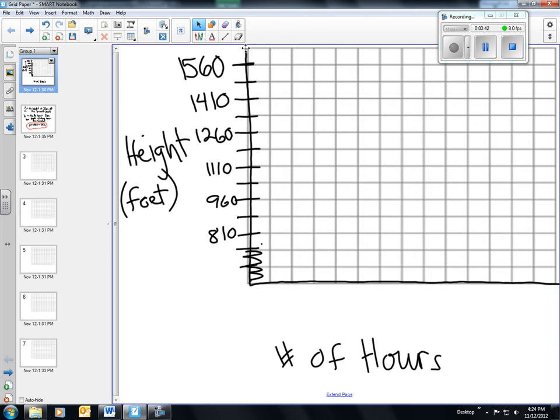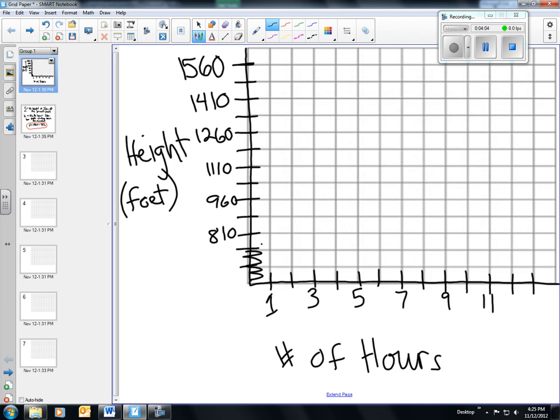And then since we're going down 75 feet on the vertical axis, that's for every hour on the horizontal axis. So each box now we're going to represent as 1 hour on the horizontal axis. So this would be 1 hour, 2 hours, 3 hours, 4 hours, 5 hours, 6, 7, 8, 9, 10, 11, so on and so forth.